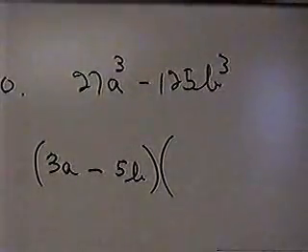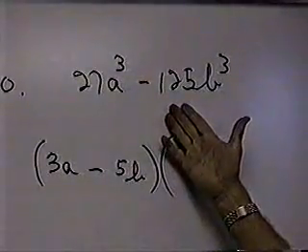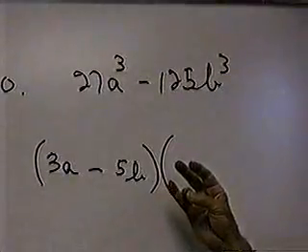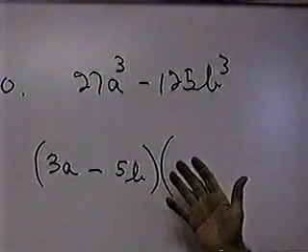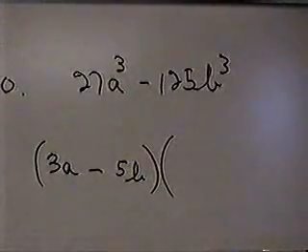Now, all the problems you're going to run across in your textbook, when you look at that and try to figure out what the cube is, just try 2, then try 3, and then try 5, and 6 or 7 would be the highest you're going to get. Just figure it out.